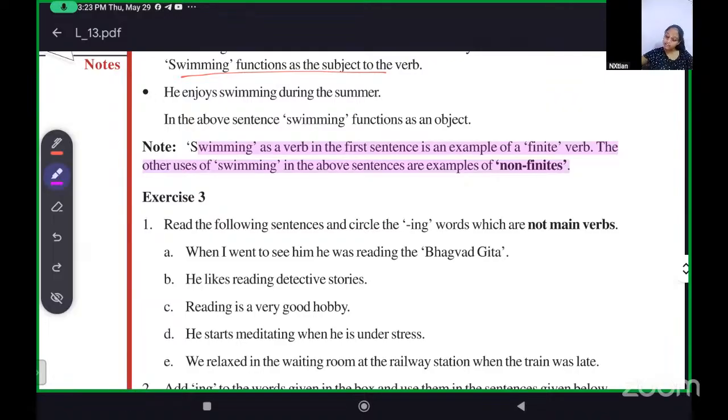Read the following sentences and circle the ing words which are not main verbs.